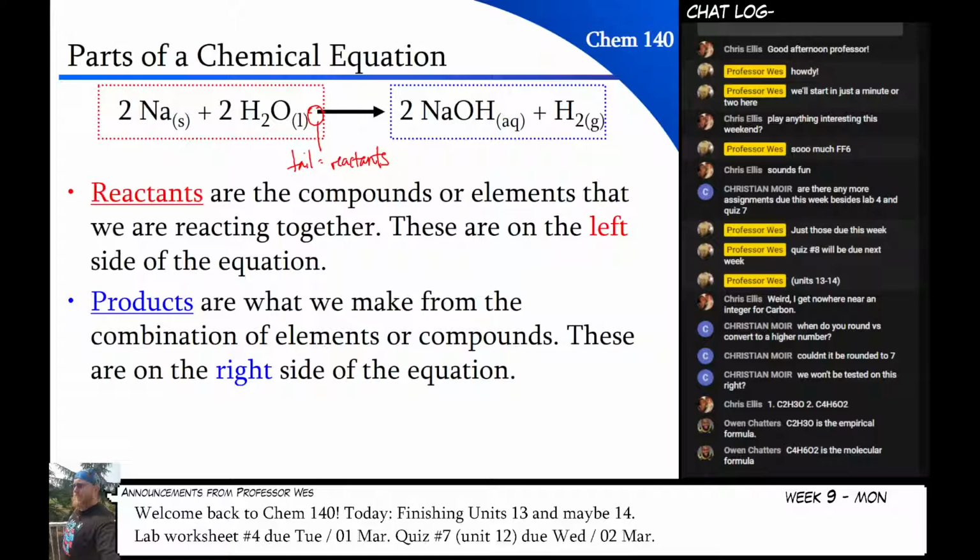So, if reactants are what you're mixing together to do a reaction, then products are what you produce. They are the result. Products are always at the head of the arrow. And so you always point in the direction of production.